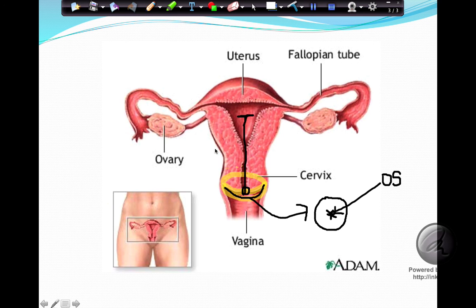Moving on, the cervix is technically part of the uterus, and the uterus is, let me get another color here, this entire structure, the head of the fundus, if you will. It is a muscular structure. It is made of smooth muscle, which contracts for various reasons. It certainly contracts when a woman is going into labor.